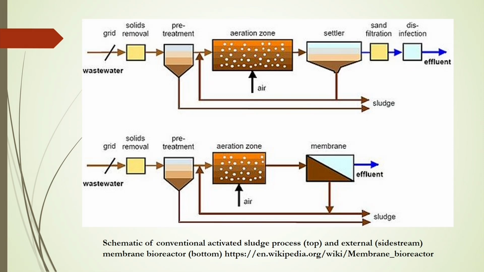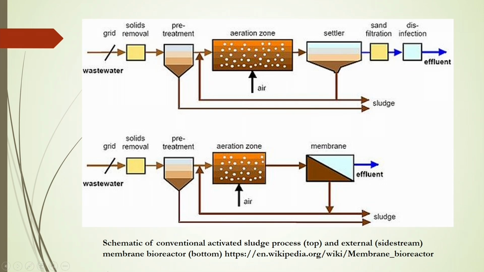Then there is an aeration process where solid particles can be separated by flotation, then settling, filtration and disinfection, maybe by ozonation or another method, and then the effluent is obtained.